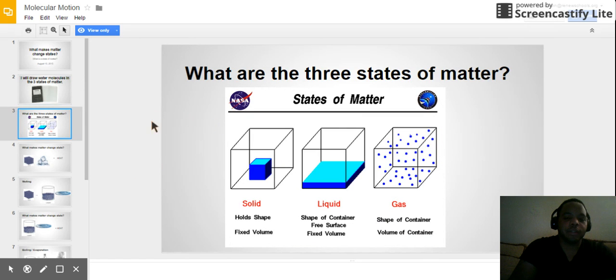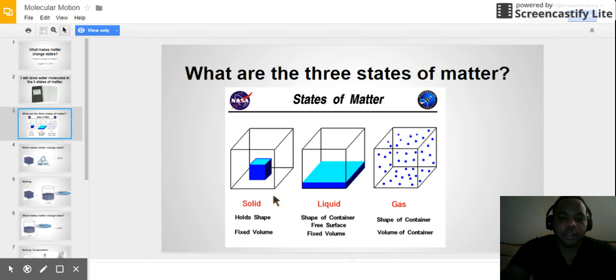What are the three states of matter? We learned that solids hold shape. A solid has a fixed volume. This book has a fixed volume. It will never change; it's going to stay the same. It's like when you lift weights and build strong muscles, they're solid.